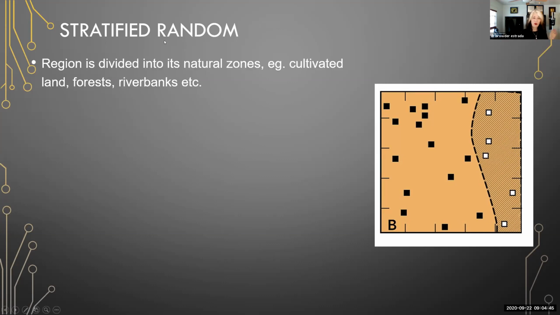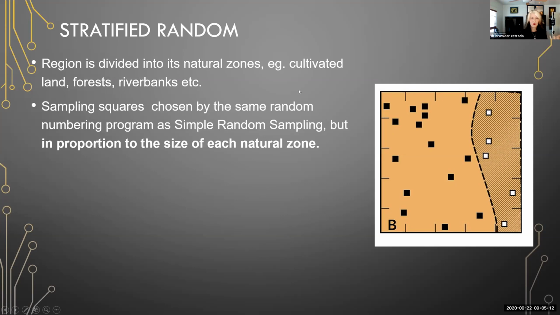Now, in stratified, they divide up the region by natural zones. So if there's a forest zone or a riverbank or a pond, hillside, a rocky outcrop, or if the site's not too old and we know there's a farming area there and we know that farm goes back a long period of time, you divide those up into several separate zones.